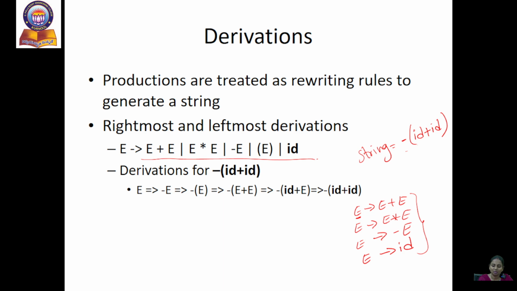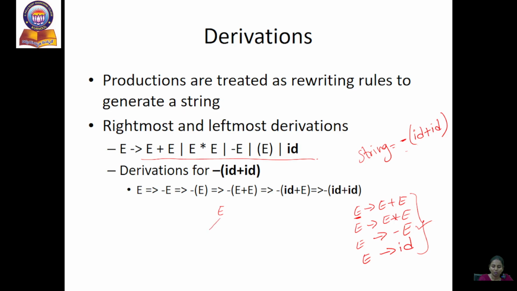Here the start state is E, so I'll take the root node as E, and we should get E derives E plus E, E into E, minus E, and ID. To get the string minus id plus id, we have to choose a proper substitution of this non-terminal. The string starts with minus, so I'm considering production 3 here.